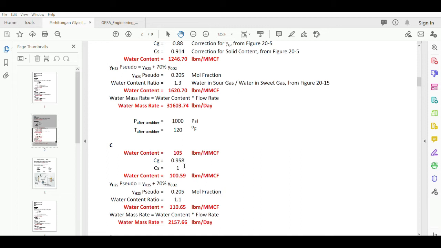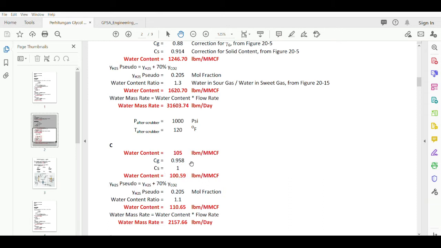I assume that there is no solid content. It's already been in the scrubber, it's going out of the scrubber, so I assume this S is 1 because there is zero solid content, and this one becomes the water content.